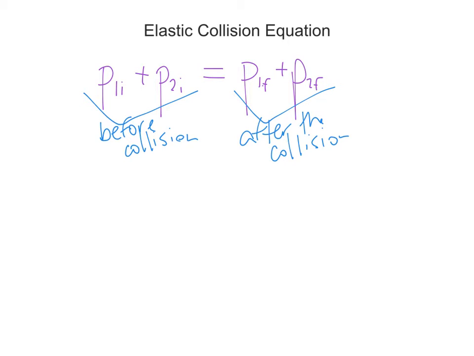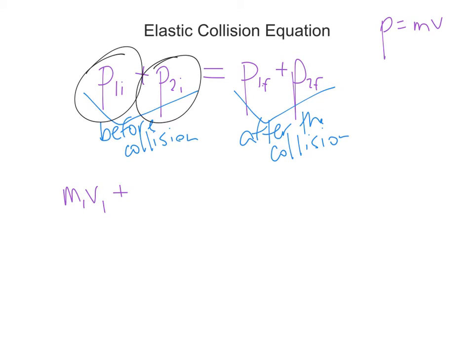Now typically momentum is hard to calculate because we need to know the mass and the velocity. So what we can do is substitute mass and velocity into this equation. We know that P is equal to M times V. So for momentum number 1, I can substitute in the mass of object 1 times the velocity of object 1. I can add that to the mass of object 2 times the velocity of object 2.